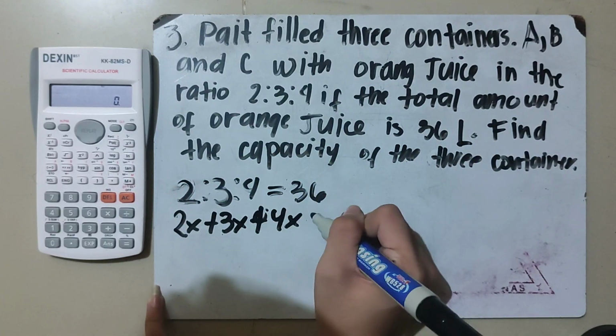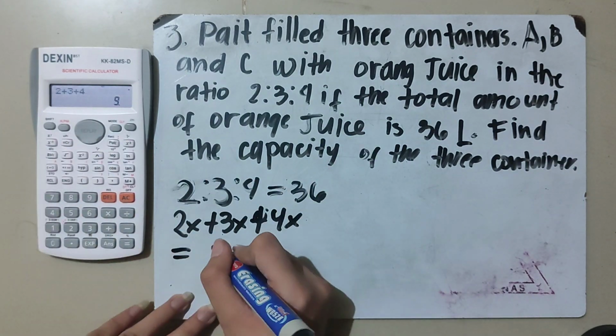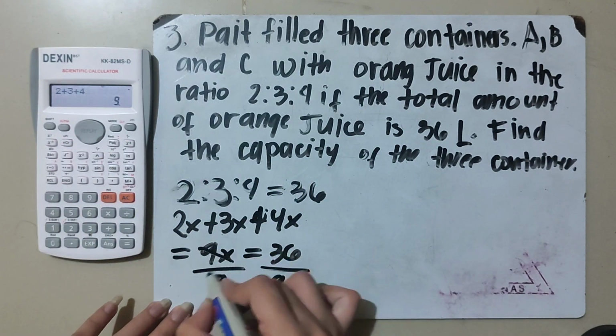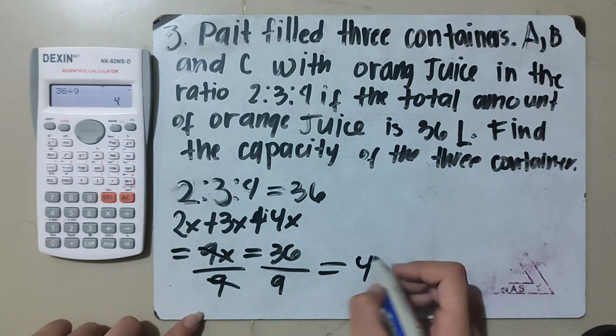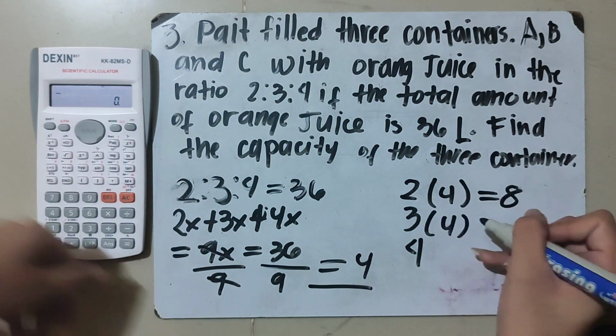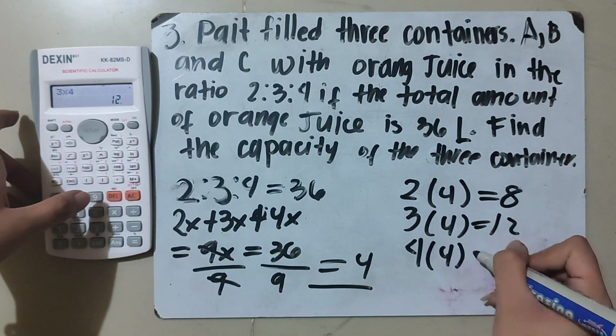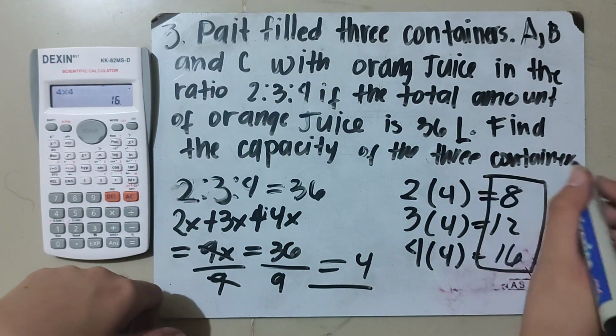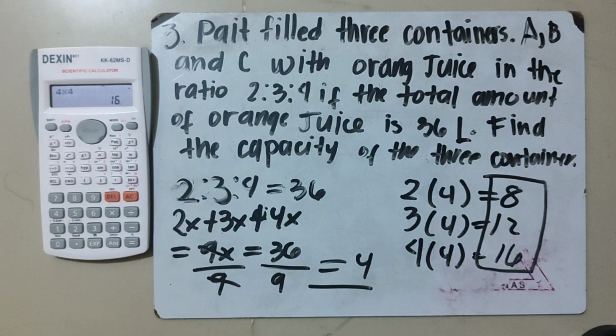Then, plus lang natin yung ratio. Then, divide natin yung katabi ni x sa both side. Tapos, yung sagot natin dun sa dinivide natin ay ipagta-times lang sa ratio natin. So, yung capacity ng 3 container natin ay 8, 12, and 16.